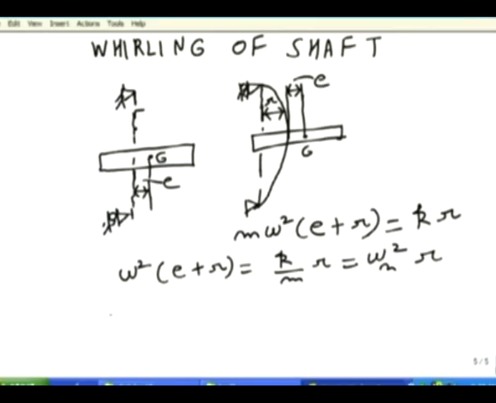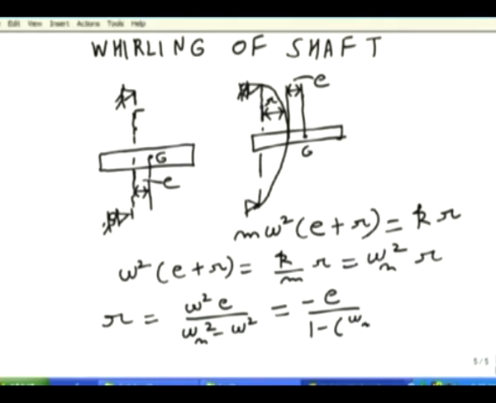Therefore, R is equal to omega square E divided by (omega n square minus omega square), or it can be written as minus E divided by (1 minus (omega n by omega) whole square).